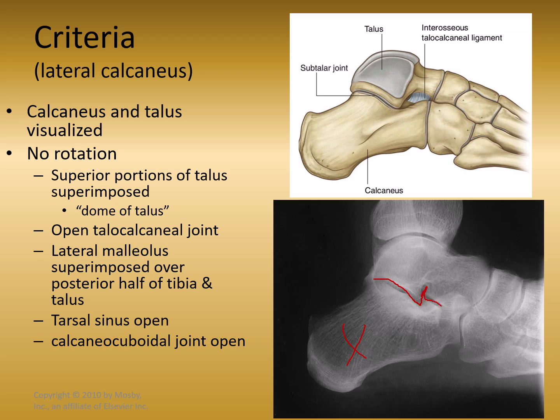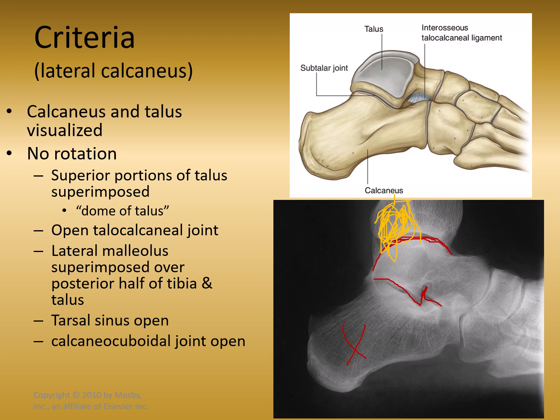All right. And then remember the dome of the talus, that tibiotalar joint there. And then once again, we're going to talk about that fibula superimposing the posterior half of the tibia there, right? So we've got the lateral malleolus of the fibula that's superimposing the posterior half of the tibia.